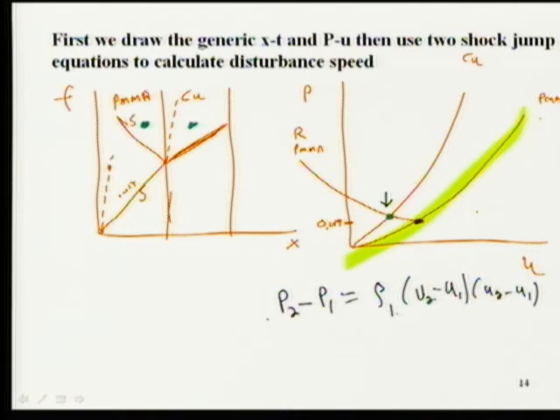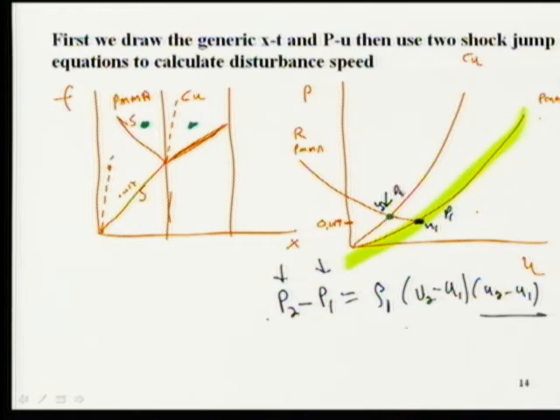We know u1 and this is u2, so we know this value, and we know the density of this point. And we know P2 and we know P1. This would be P1 and this is P2.